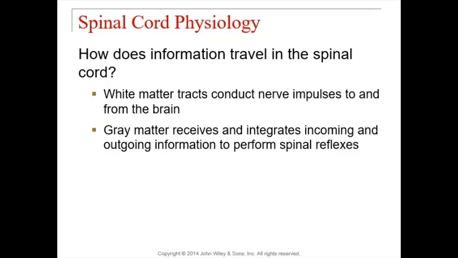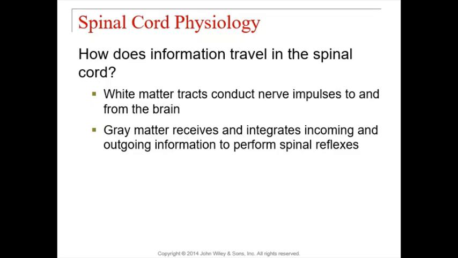The white matter has myelinated neurons that send information fast, so the outer portions of the spinal cord are involved in sending and receiving information to and from the brain, while the gray matter, those central areas, are a little bit slower in processing.